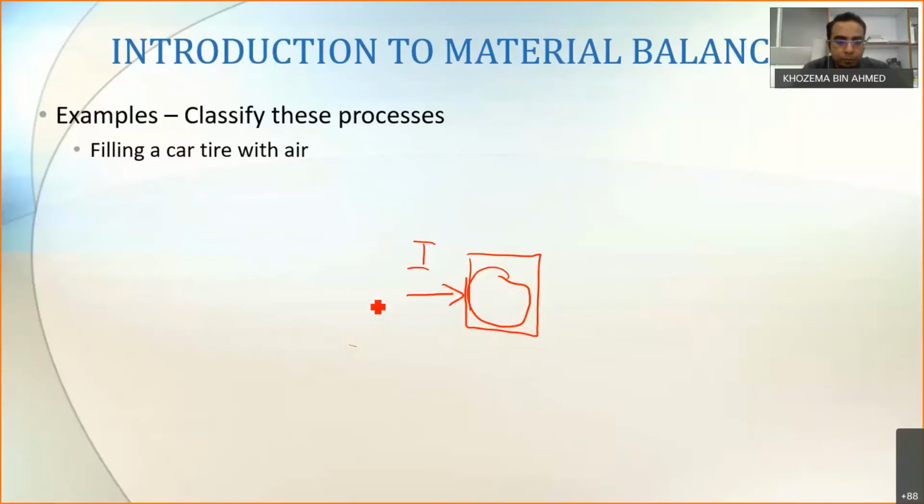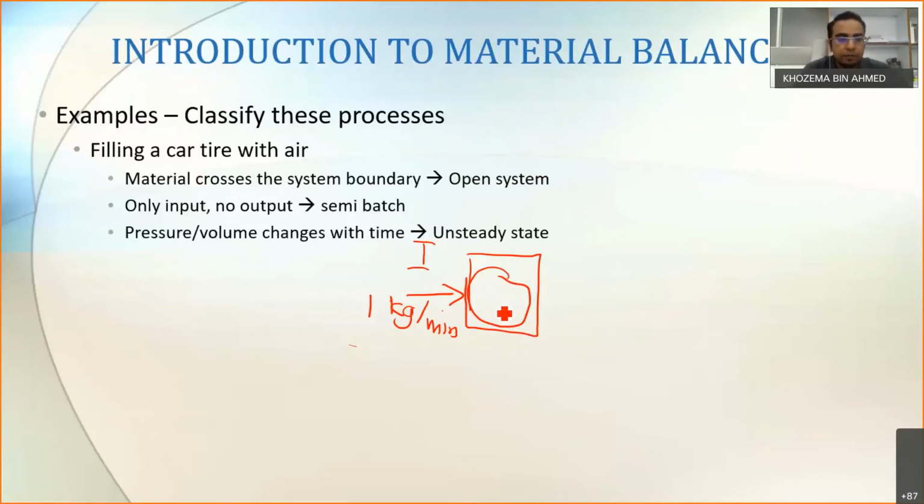Let's say I'm pumping 1 kg per minute of air into my tire. After 1 minute I'll have more, after 2 minutes even more, until my tire is filled. So the volume or pressure of the tire is changing with time, meaning it is an unsteady state process.